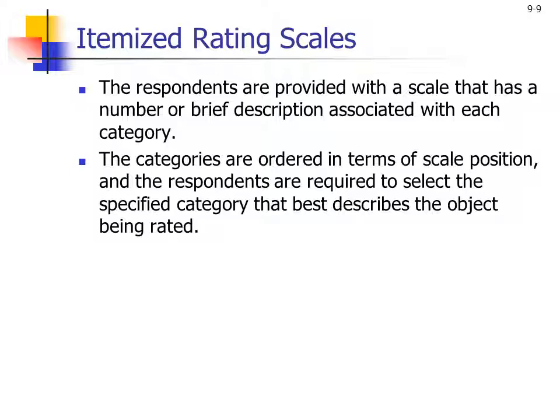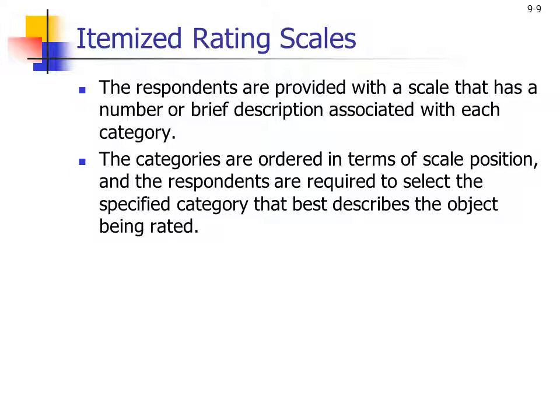And in the itemized rating scales, we should provide the scale that has a number of brief descriptions with the categories, and the categories are ordered in terms of scale position, and the respondents are required to select the specified category that best describes the object being rated.